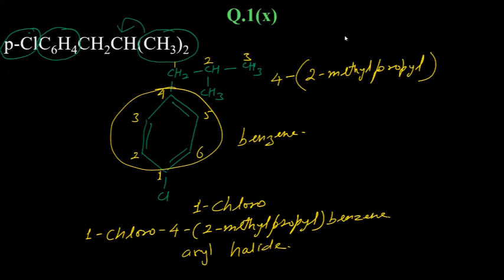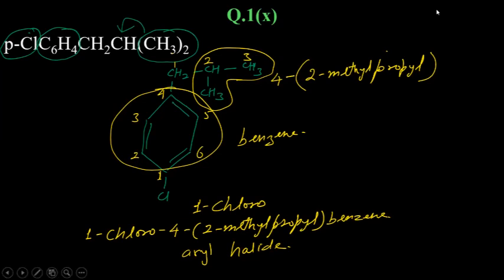Now, one more thing. The 2-methyl propyl, I told you that this one is pure IUPAC naming convention, but you can use the acceptable IUPAC convention also. For that, I told you that this can be named in acceptable IUPAC convention because this has this group, and you know what this group is known as.